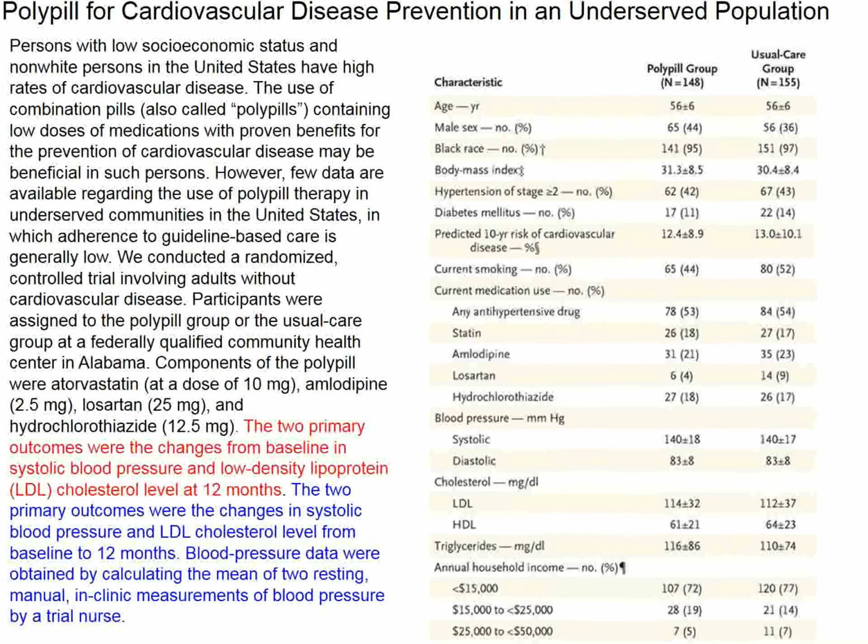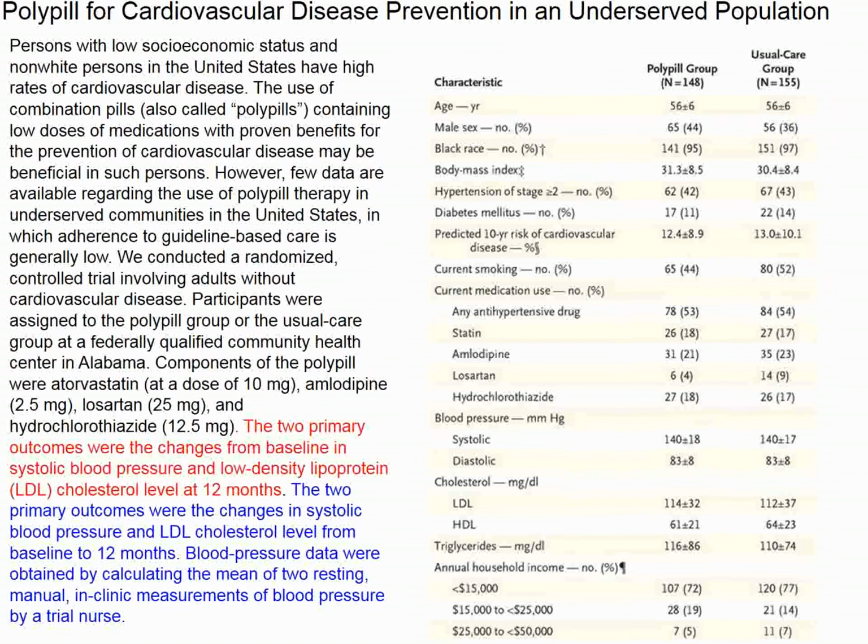So we have a randomized controlled US trial also looking for efficacy of a polypill strategy. But here the endpoint was blood pressure reduction and LDL cholesterol reduction. That means to say surrogate endpoints, again in an underserved population.